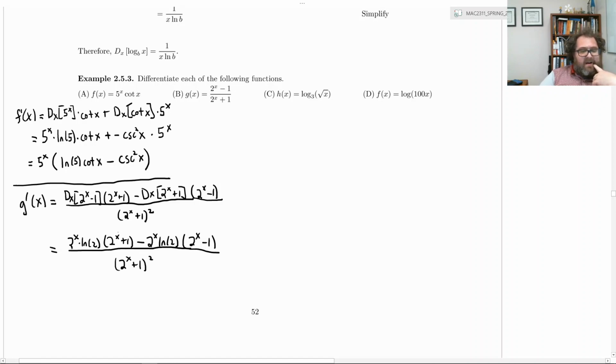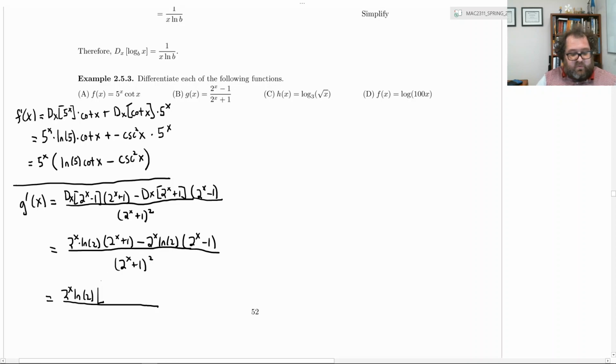Let's see. I guess I can factor out, look, both of these terms have a 2 to the x times natural log of 2 in them. So I can factor that out. Let's see what happens if I do. I can factor out a 2 to the x times natural log of 2 from both those terms.